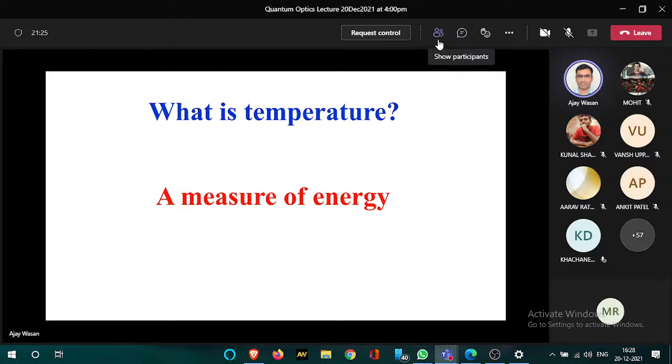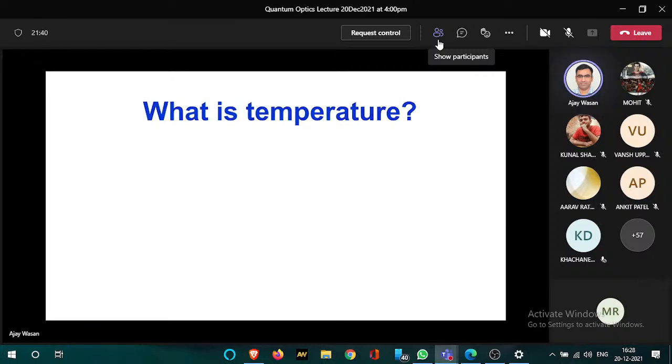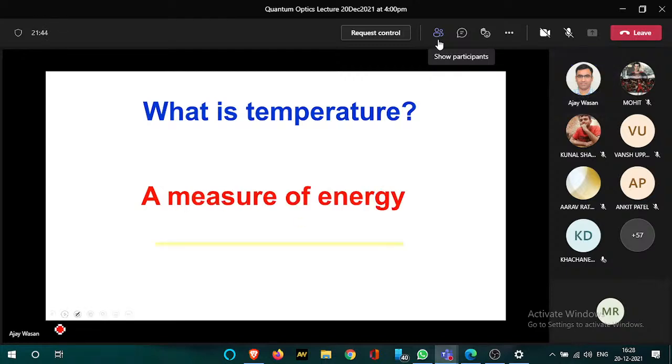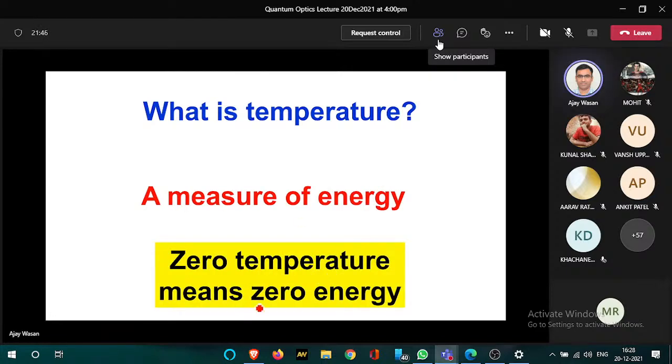If the temperature is low, it has less energy. Simple logic, you can also say. Motion, anything moving, that is also energy, as you already know. So what is temperature? A measure of energy. Zero temperature means zero energy.